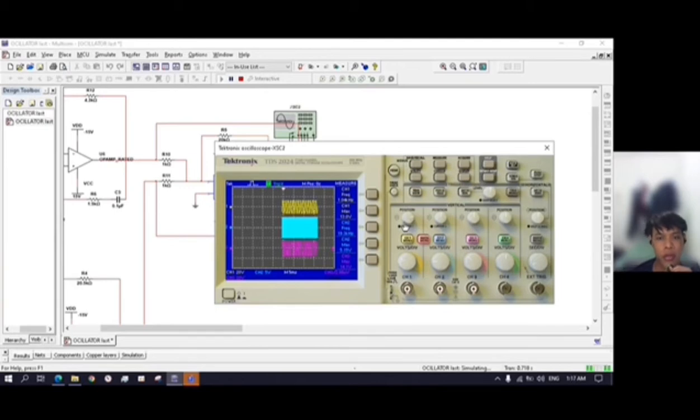Oscillator 2 is channel 2, we get 19.3 kHz and the output is 5.15 volt, and then the summing output we get 14.1. Right, that's all from me.